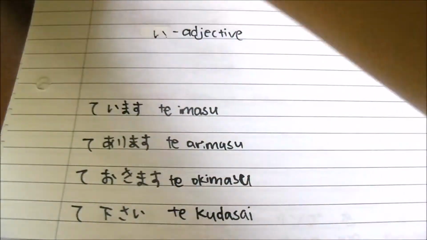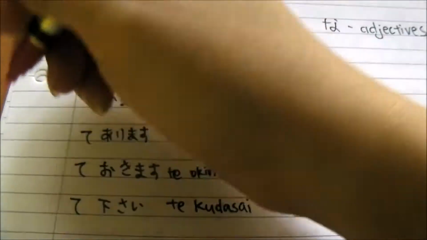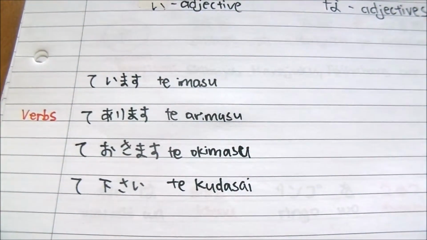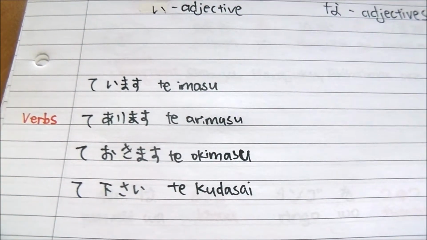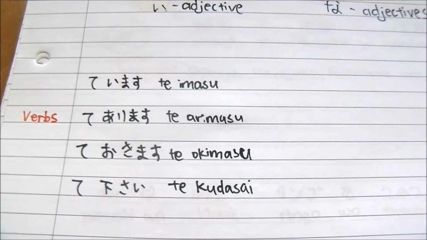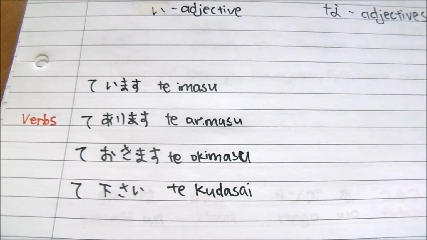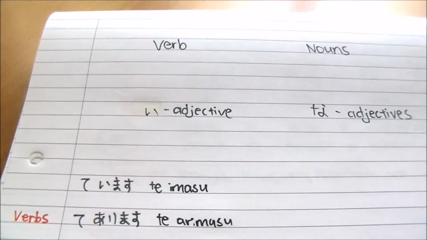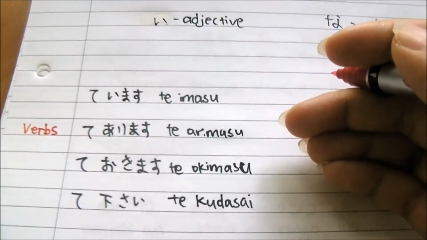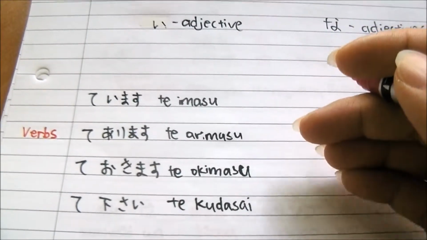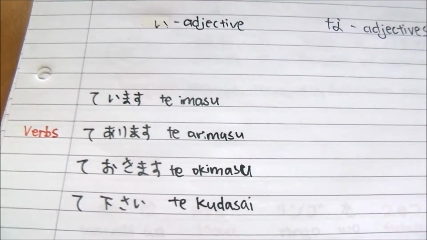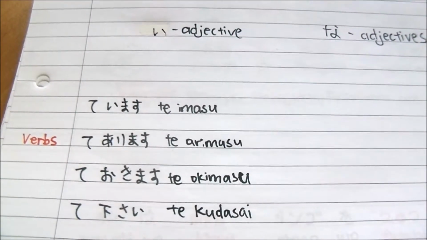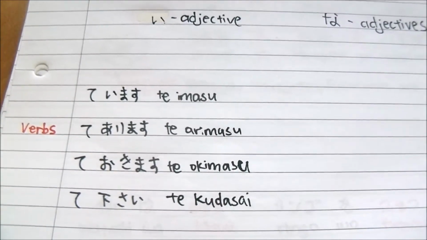All of these are conjoined with verbs: verbs in the te form plus imasu, arimasu, okimasu, kudasai. As you can see, when you change verbs to te form, there's already a lot to learn, and a lot of different types of te form grammar for verbs as well. So verbs are a highly focused subject in te form grammar.